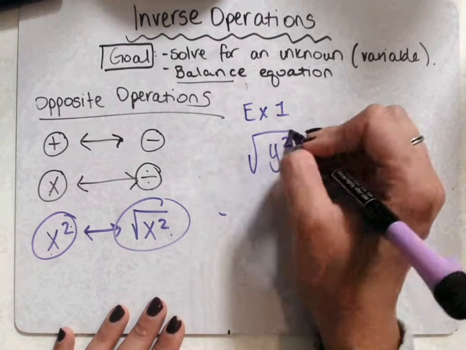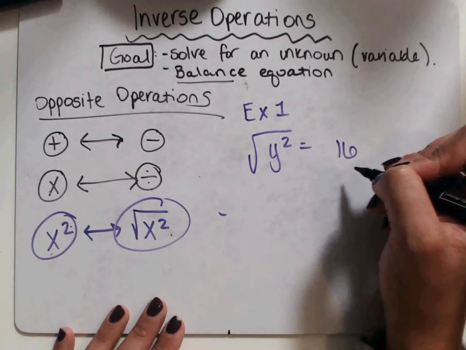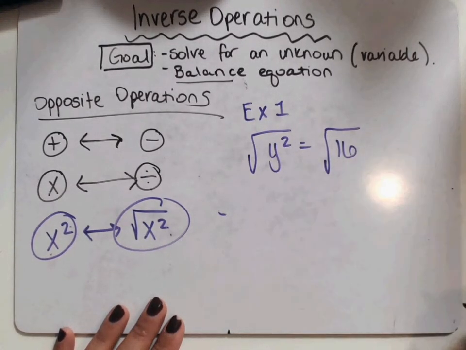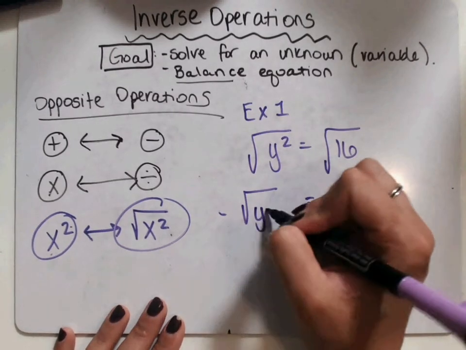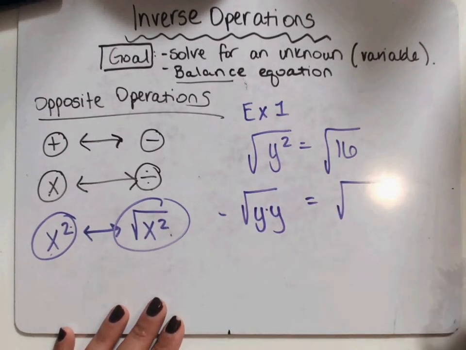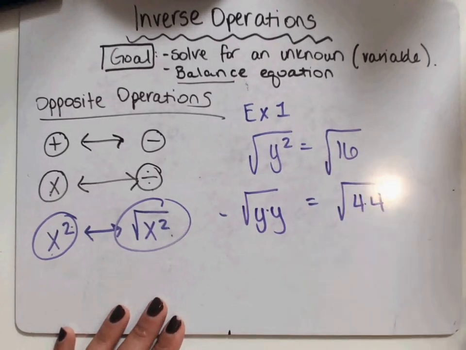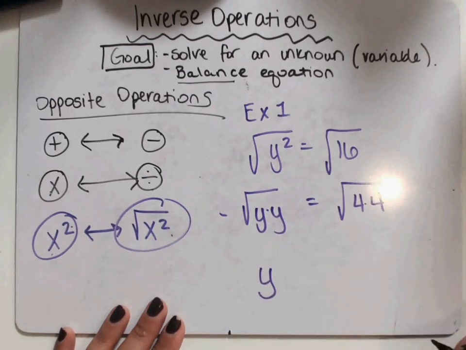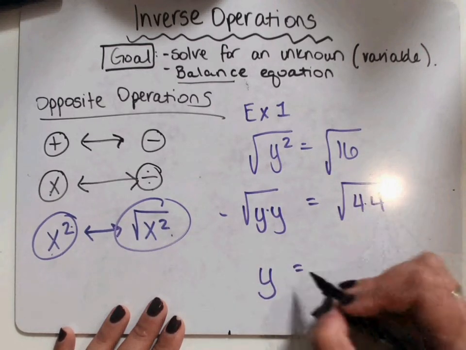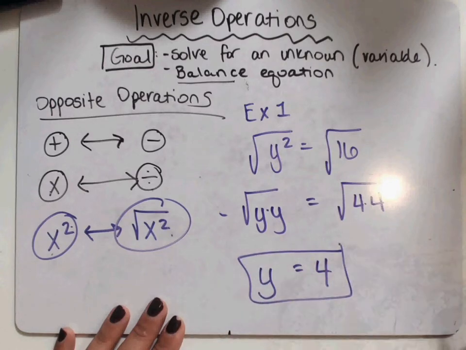So I'm going to take the square root of the left side, but whatever I do to one side, I do to the other. Now we're going to think of doubles. I know that y times y equals y squared. I know that 4 times 4 equals 16. So if I take the square root of these y's, it leaves me with y. And the square root of these two 4's leaves me with just 4.